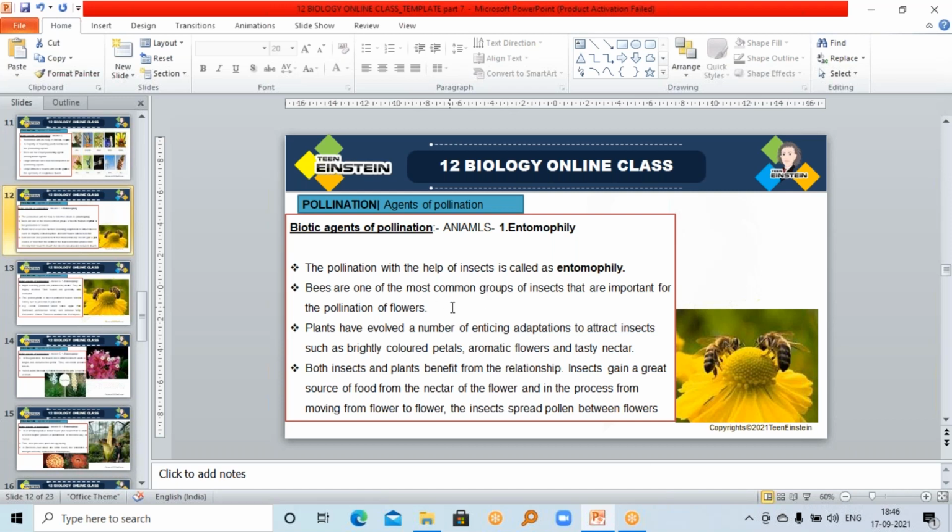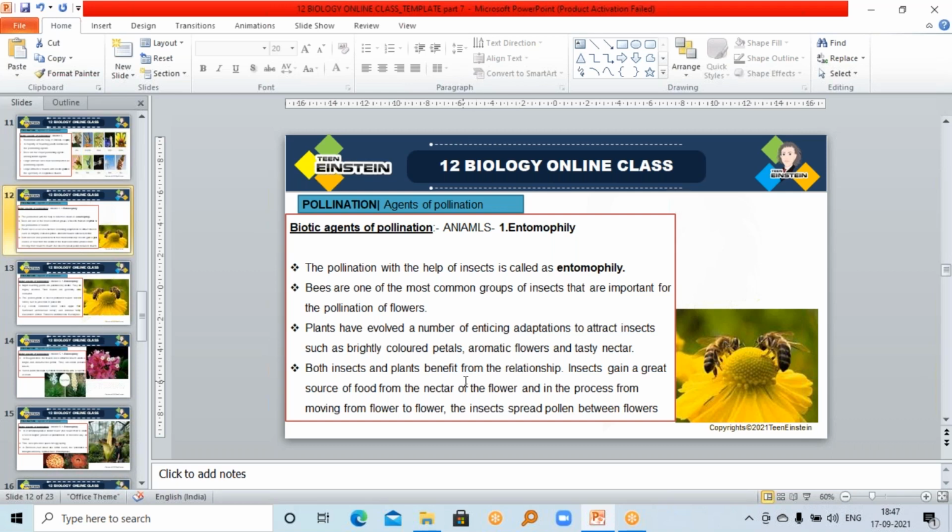and bees are the most common group of insects that are important for the pollination of flowers. So the plants have a number of adaptations or characters to attract insects. They have brightly colored petals, aromatic flowers and tasty nectar.